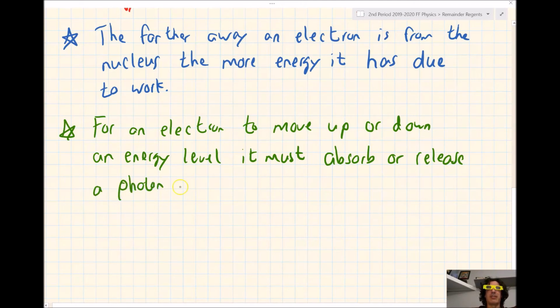And we can say of that exact amount of energy. Actually, we should say of the change in energy.